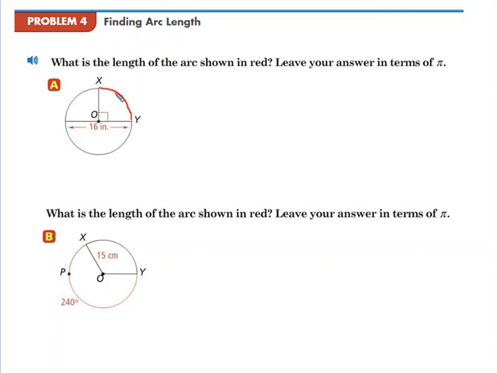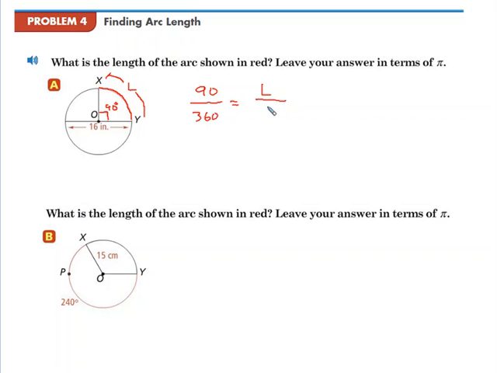The angle associated with that arc is this right angle, so let's remember that that's 90 degrees. The way I showed in the last section is to take the ratio of that angle, 90, compared to the number of degrees in the whole circle, which is 360. And I'm going to label this arc L for the length of that arc.